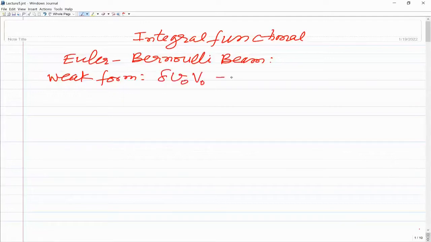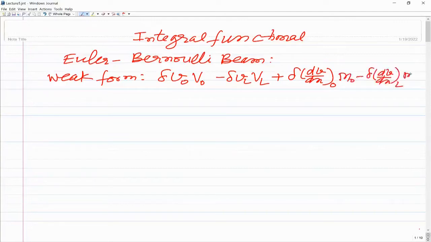So this was minus delta v L into V L. So I'm just writing it again. We had delta of dv by dx, the slope at x equal to 0, into bending moment at x equal to 0, minus delta of dv by dx at L into bending moment at L.